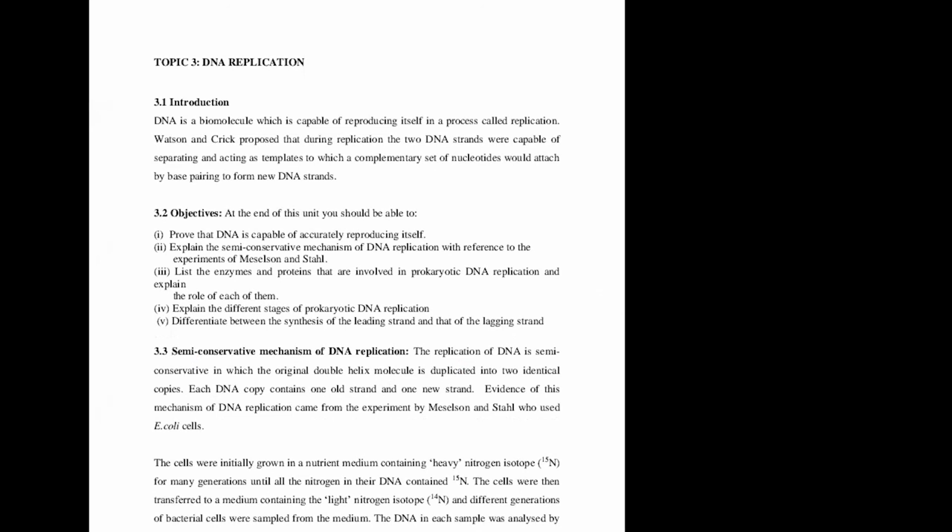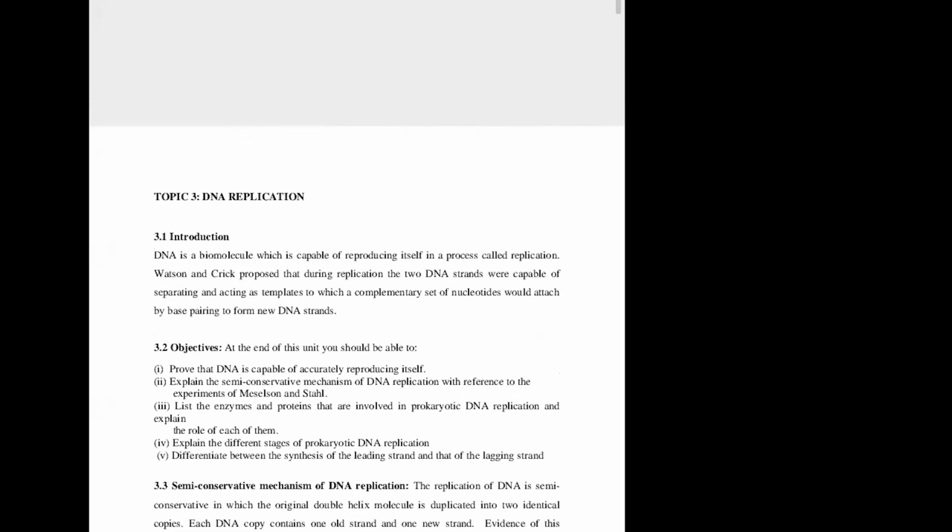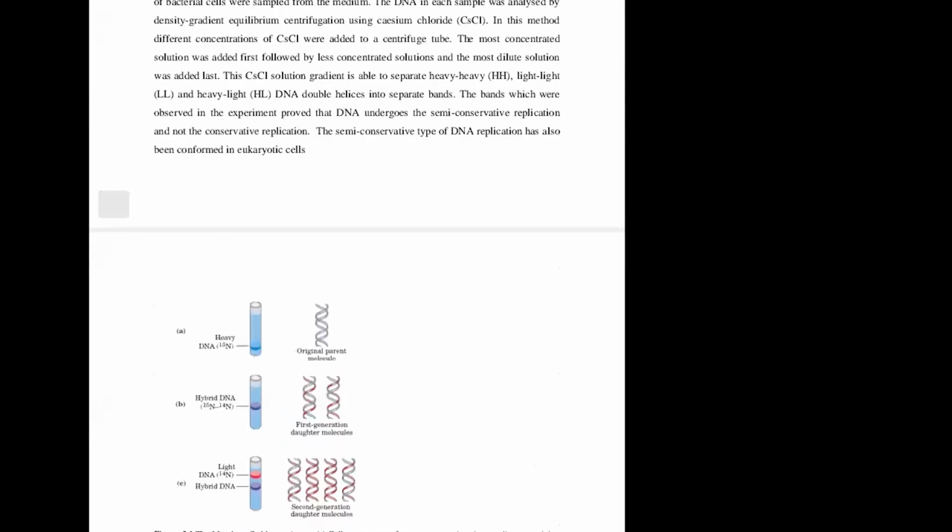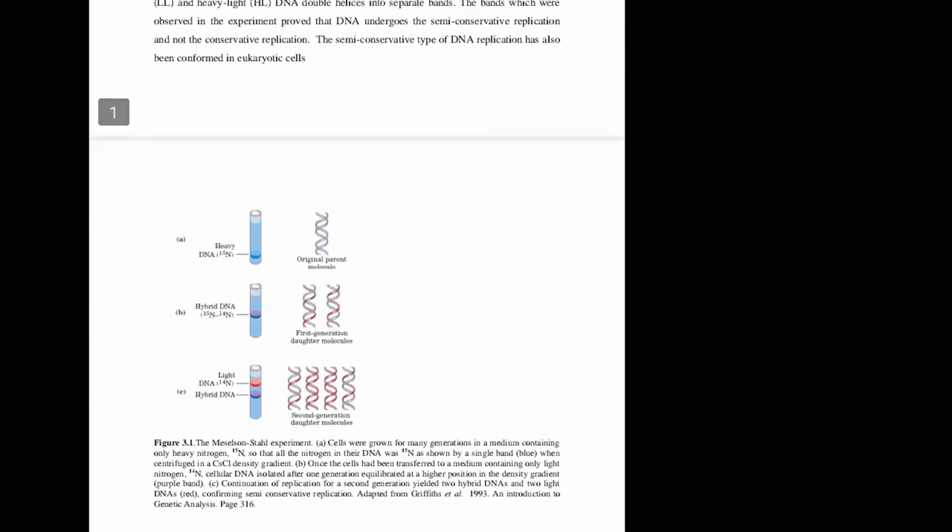That will be the next topic. Then from transcription, you go to translation, that is formation of proteins from messenger RNA. That is another topic. That is what you call the central dogma of molecular biology: DNA undergoes replication, then transcription, where messenger RNA is formed from DNA, and later on, proteins are formed by translation.